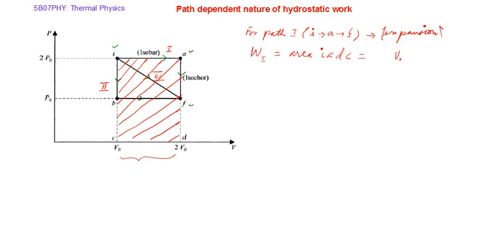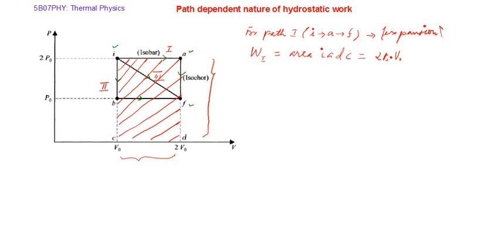Same thing as here. What is the height, the side AD? What is this equal to? That is nothing but the y-axis quantity, that is 2P0. So I can just multiply it with 2P0. So length into breadth, and this is the area: 2P0V0.